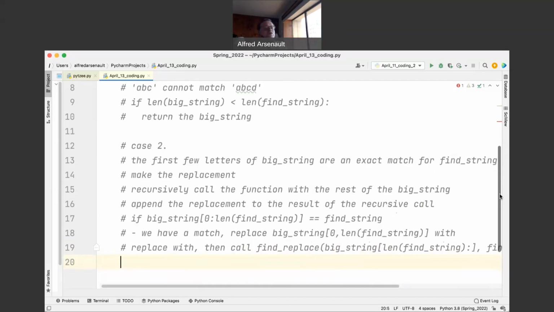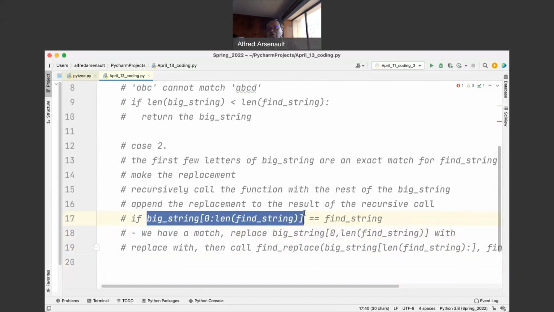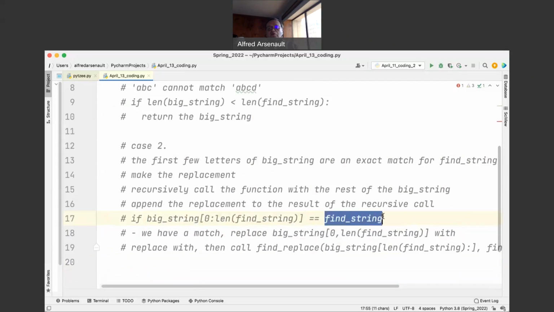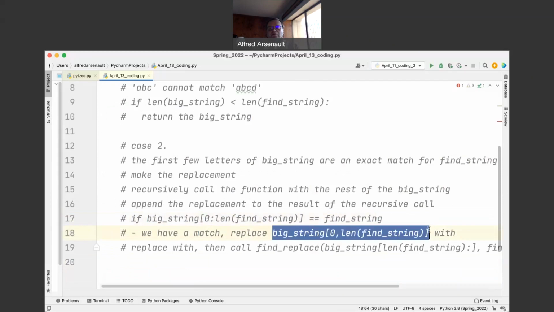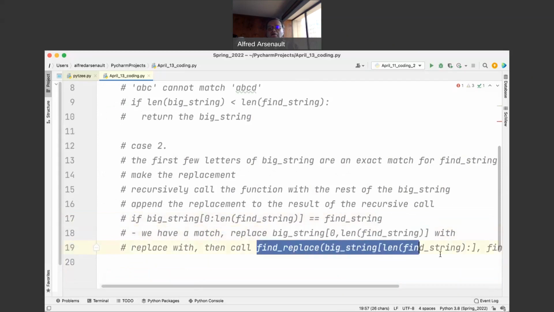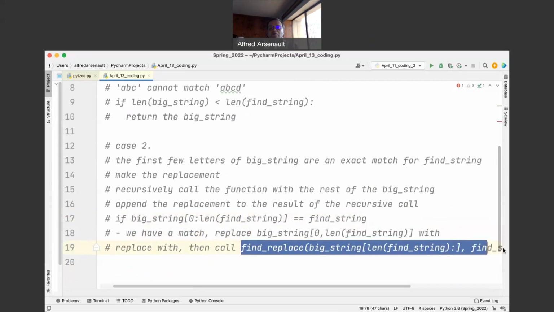So when the assignment said as a hint, you can do the comparisons using string slicing, that's exactly what we meant. We took a string slice right here. This is a string slice, these characters, and we used it to do the comparison, and we found an exact match. So then we did the replacement using string slices, and then we made our recursive call using a string slice with the rest of the string that wasn't replaced.